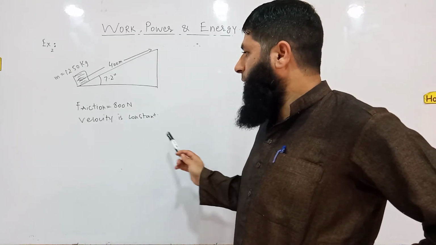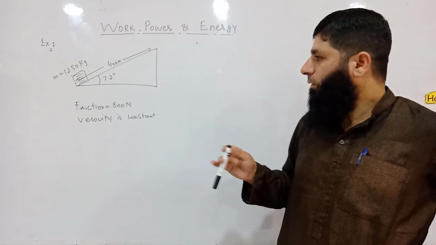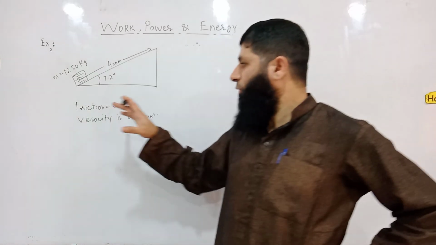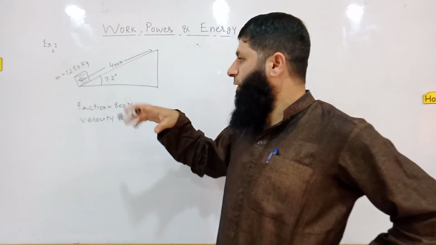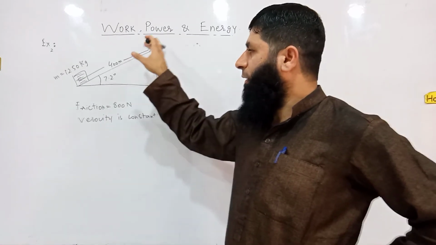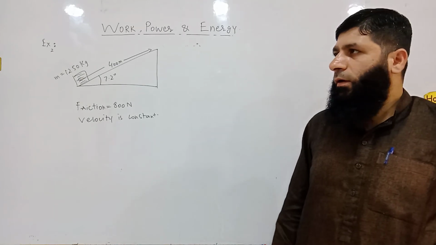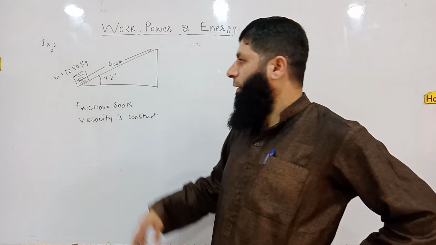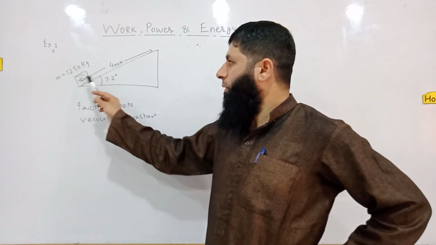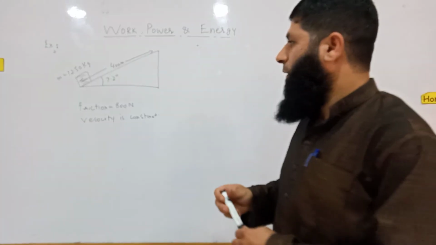And it is given that this body is moving with constant velocity, and another information which is given is about friction, that the resistive force or the force of friction between this body and this inclined plane is 800 Newton, and we are supposed to find the work done by driving force or work done by this object when it moves from this point to this point.